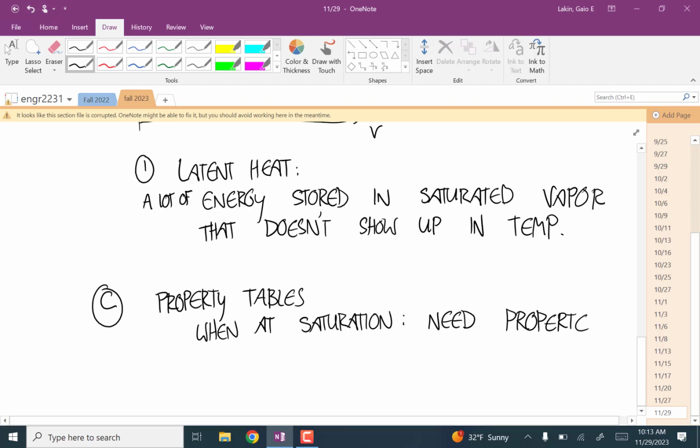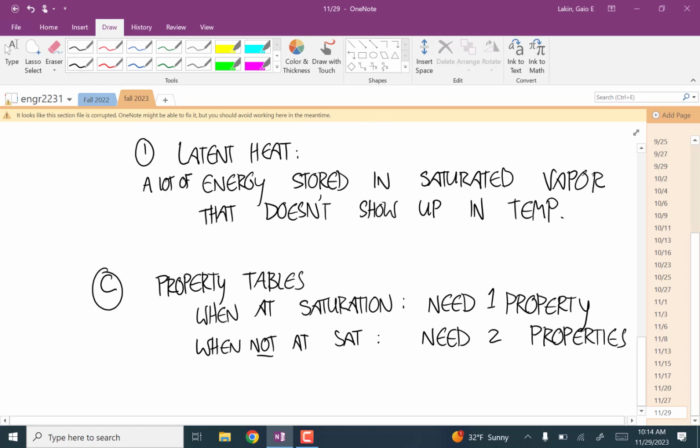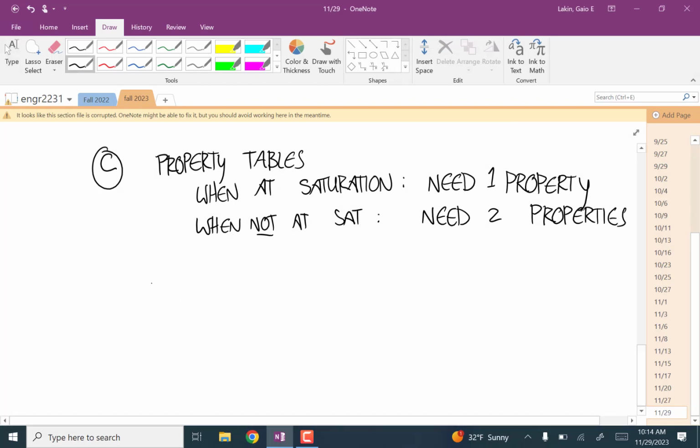When a substance is not at saturation, you need two. For 1D linear interpolation, you can always use this if you're at saturation.